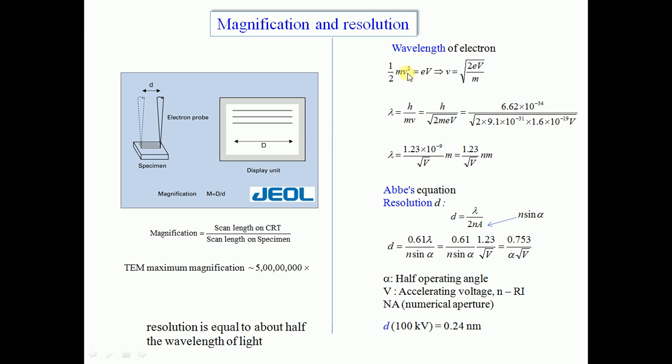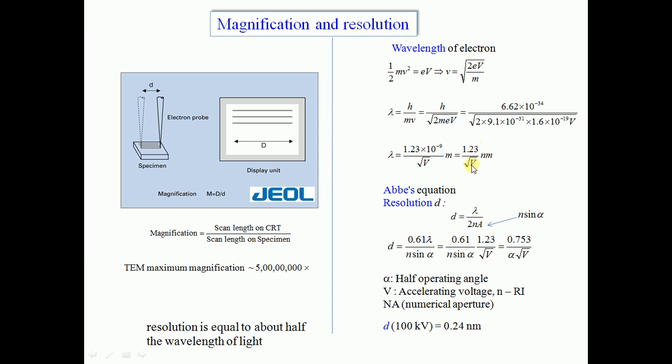From this v can be calculated and put there, and we get the simple relation for the wavelength of the electron.